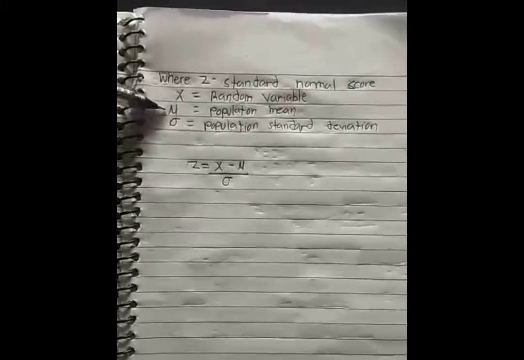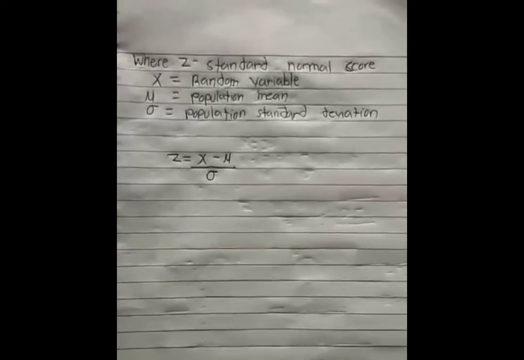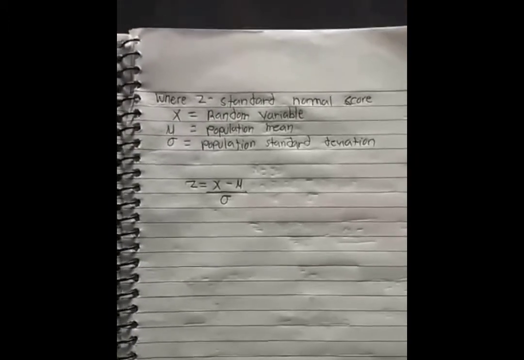We have x, the random variable; mu, which is the mean; and sigma, which is the standard deviation.